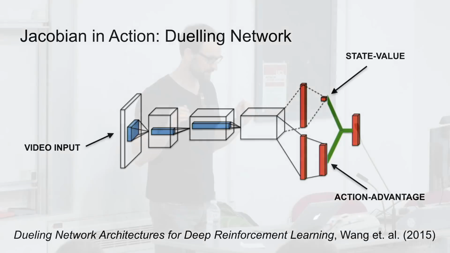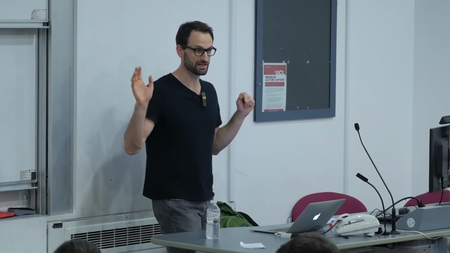The reason they split this up into two heads is that you can model these two things together, and that's actually the normal way of doing it with a single set of outputs. But they're on very different scales typically. The state value might have a very wide range, and the advantage of taking one particular action over another tends to be quite small. So they found there was a great benefit in splitting them up.